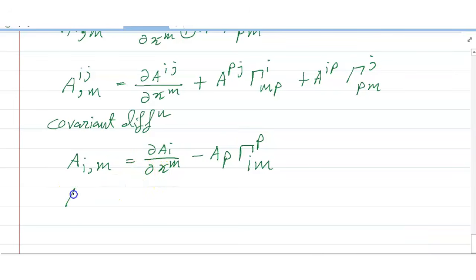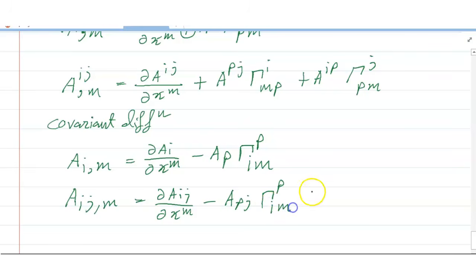Similarly, if I write A_{ij,m}, then it is del A_{ij} divided by del x^m minus A_{pj} gamma^p_{im} minus A_{ip} gamma^p_{jm}.